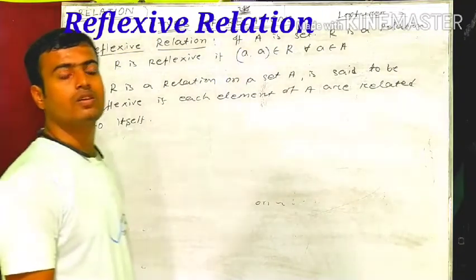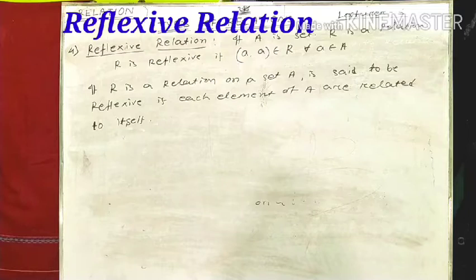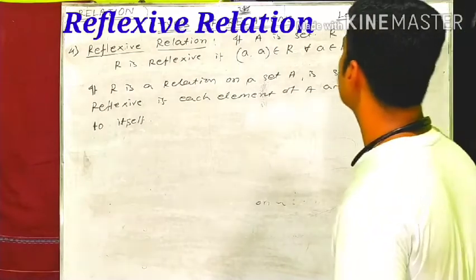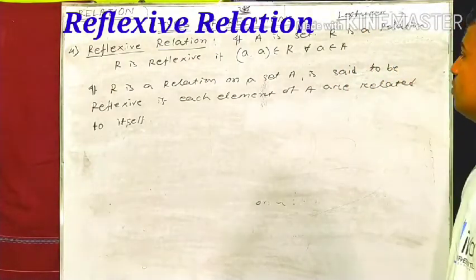This relation is called a reflexive relation. So a reflexive relation is a relation in which each element of A is related to itself.